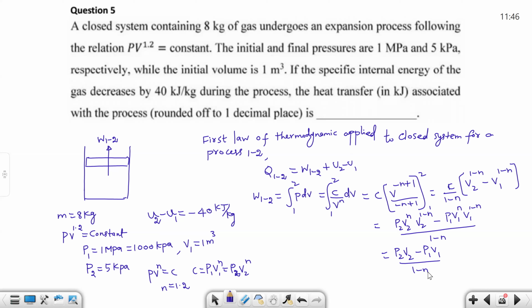So we need V2, and for that we use this equation. We will substitute P in kPa and V in meter cube so that the work transfer we get in kilojoule.